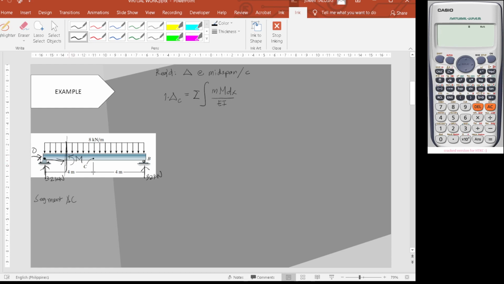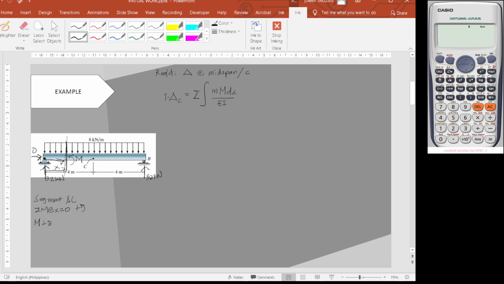If you're considering the left portion, positive is counterclockwise, which will be the direction of our M. Using this figure, summation of moment where you cut it, this length will be X. So summation of moment at X is equal to 0, positive counterclockwise. So M is positive.